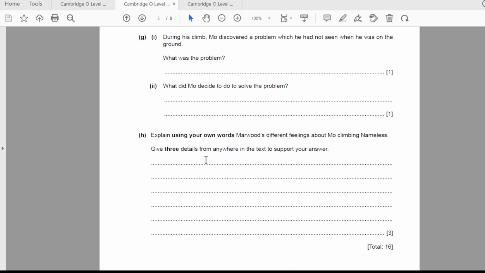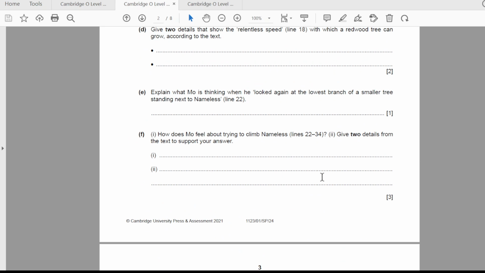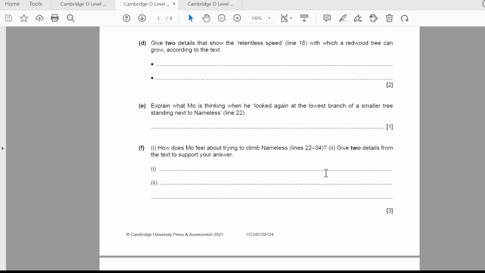One thing to keep in mind, very important: when Cambridge assigns a certain weightage to a question, that means those are the number of valid points that are expected from the candidate. So if it's worth 2 points, meaning two valid points in the answer, as you can see, give two details, and these should be clearly separated.